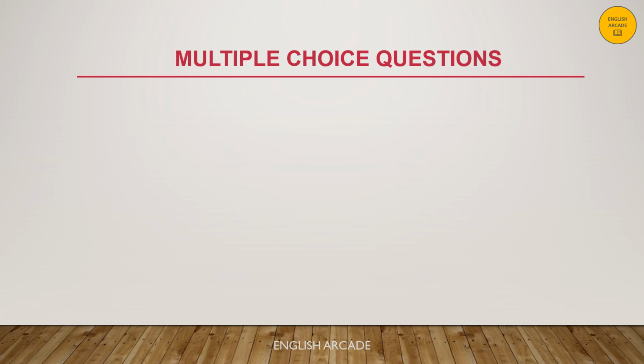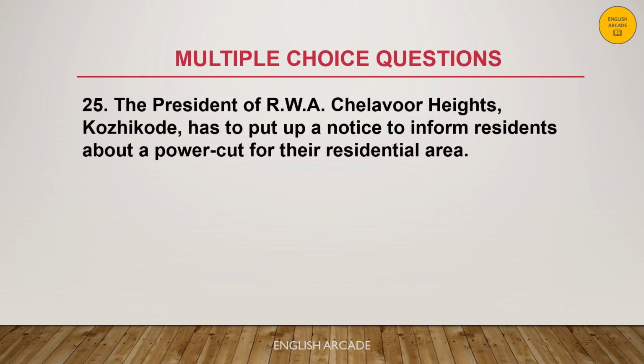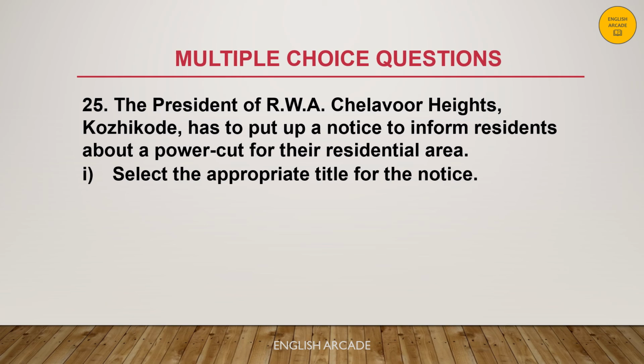Now let's look at the next extract-based question. Please read the question very carefully. The president of RWA, Shalavoor Heights, Kozhikode, has to put up a notice to inform residents about a power cut for their residential area. Select the appropriate title for the notice.